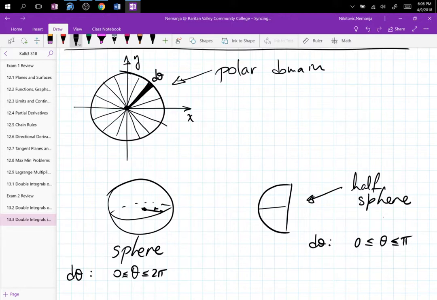The infinitely thin pizza slice, d theta, is also going to be stretching in size. So you might have a very long slice or a very short slice, but they're all going to be very, very narrow.